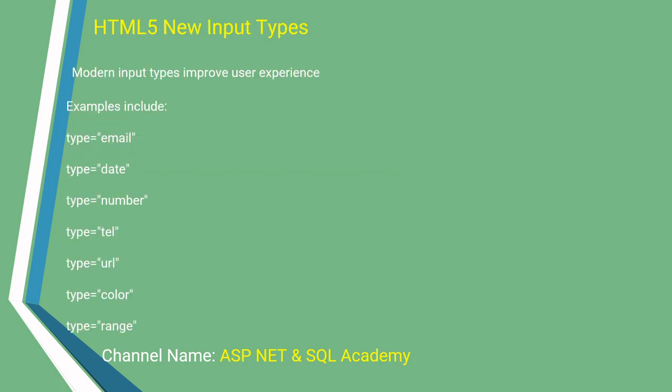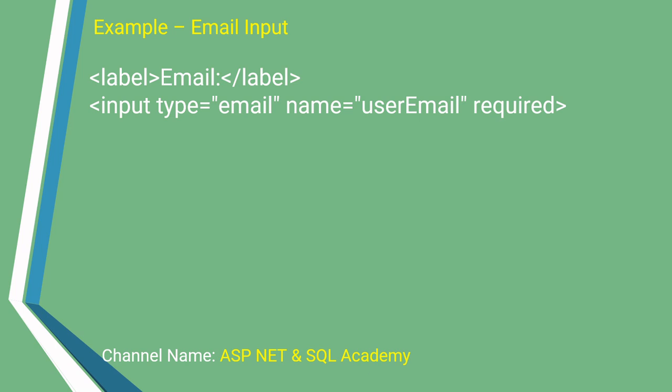HTML5 introduced new input types that enhance form usability and provide native validation, like email, date, number, and color pickers. The email input type ensures the user enters a valid email format.